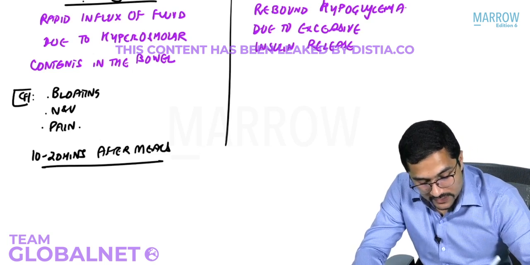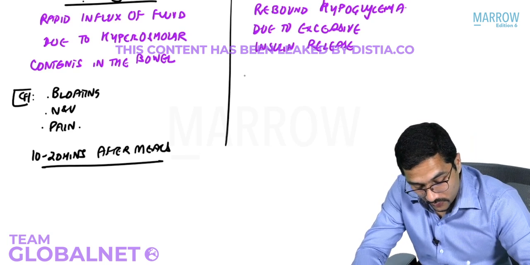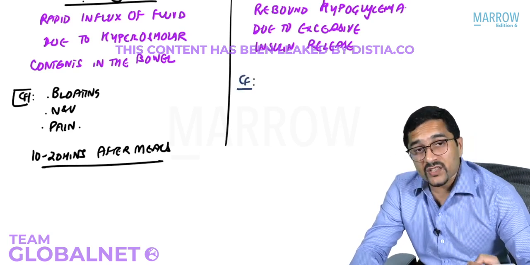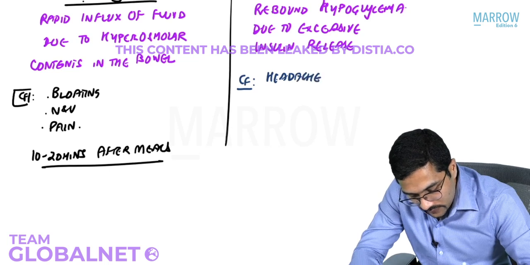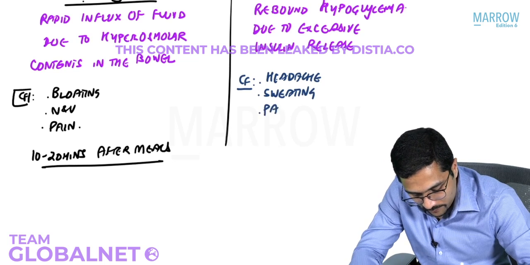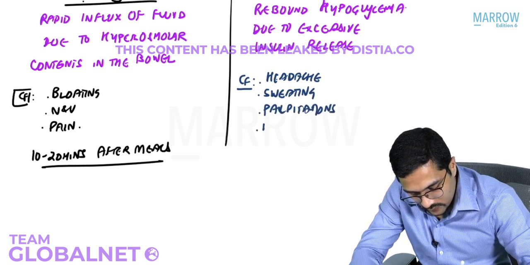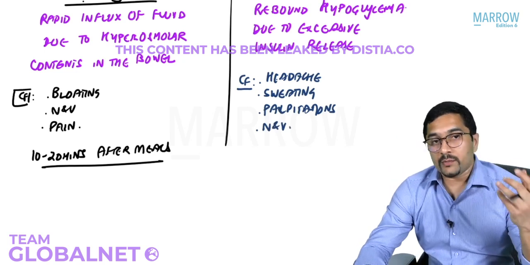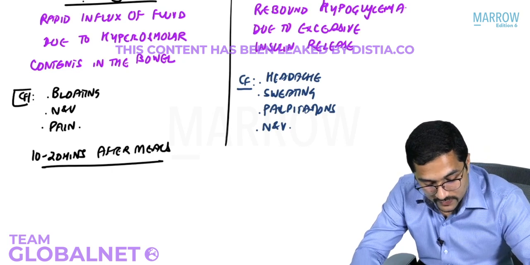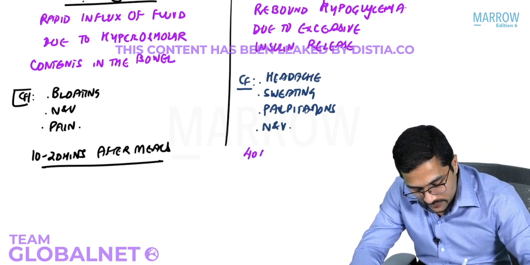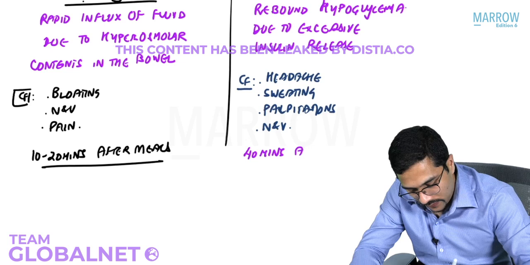What will be the features of late dumping? There'll be the features of hypoglycemia. So there'll be headache, there'll be sweating, tachycardia, palpitations, nausea and vomiting. These will be the features of late dumping. Okay, and these features will start 30 to 40 minutes after meals.